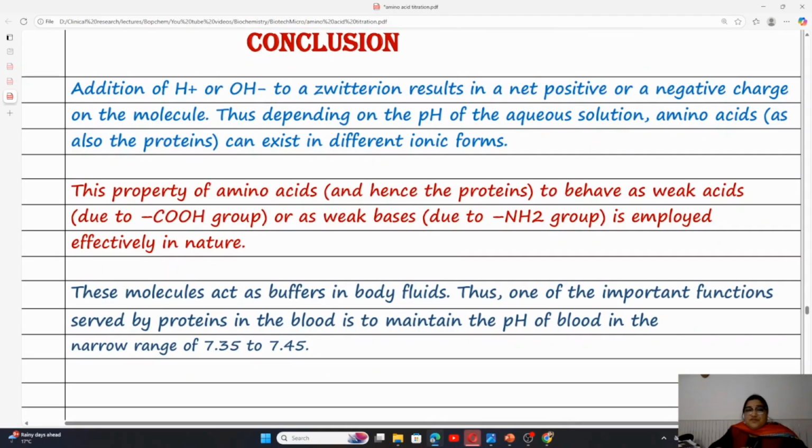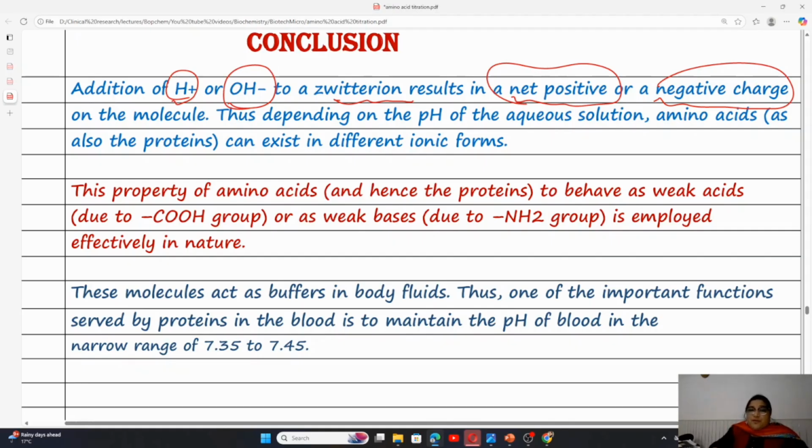So what conclusion do we derive from this titration of amino acids? We need to understand that addition of either H+ or OH- to a Zwitter ion will result in either a net positive charge or a net negative charge, as we've seen already.